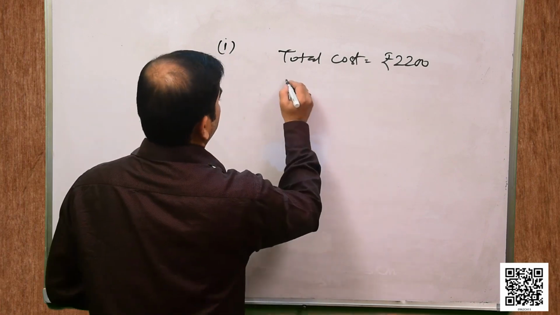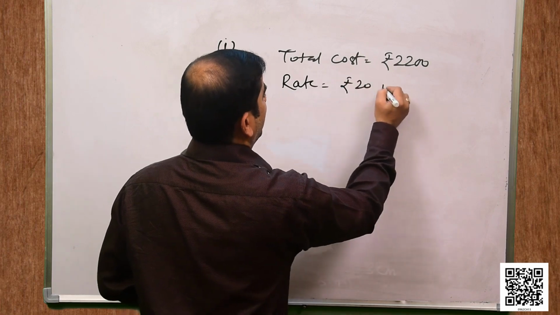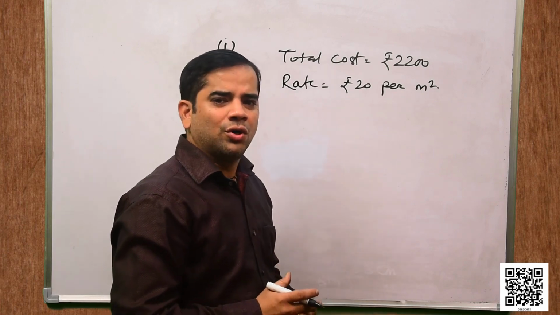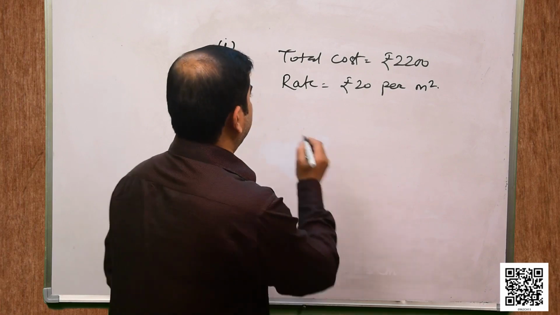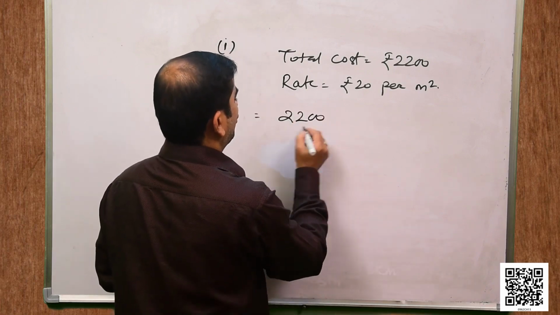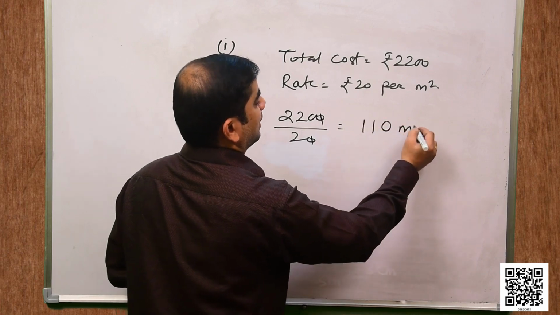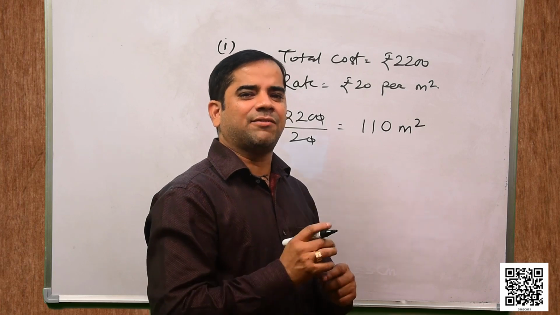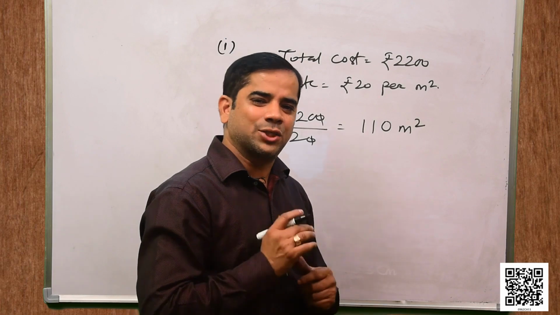So, the area that is covered is equal to 2200 by 20, that is 110 meter square. So, the inner curved surface area of the vessel is 110 meter square.